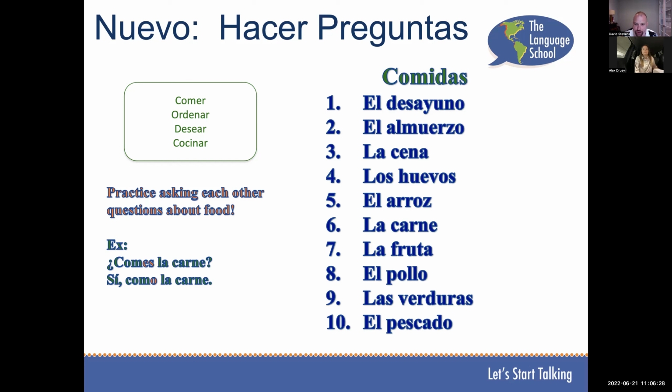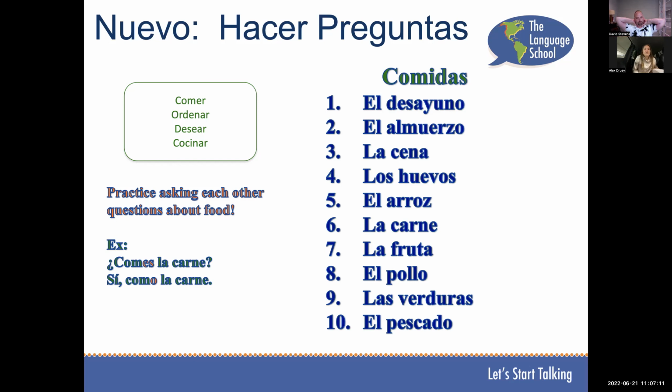Sí, deseo los huevos. ¿Qué significa arroz? El arroz es rice. ¿Comes el arroz? Sí, como el arroz. ¿Comes la carne? Sí, como la carne. ¿Cocinas la fruta? No, no cocino la fruta. ¿Cocinas el pollo? Sí, cocino el pollo.